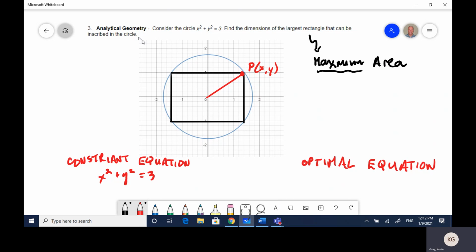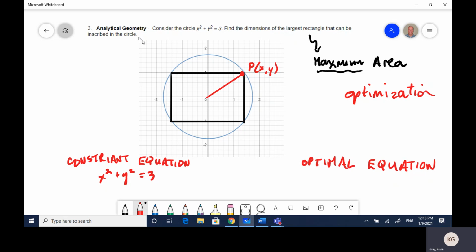These are optimization questions, and this is the concept of optimization. We're trying to get an optimal situation here, find some dimensions in this case, but use some calculus and some math to find the best situation. And in this case, I want the biggest area that I could put inside this circle. Okay, got it? Straight? Okay, so here's what we do.